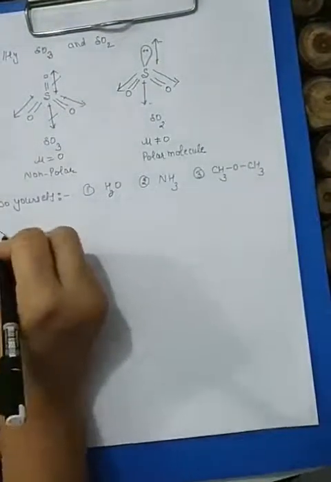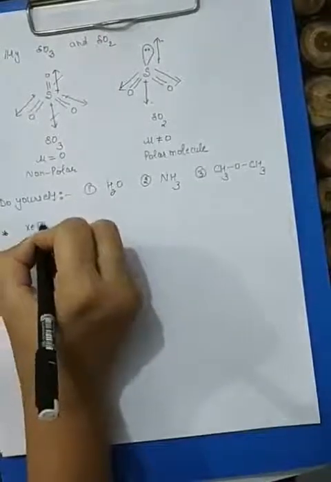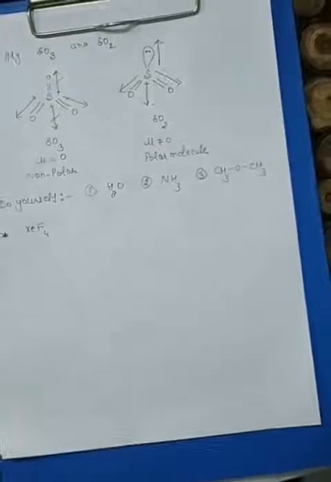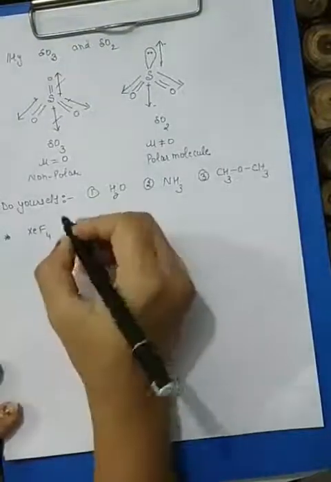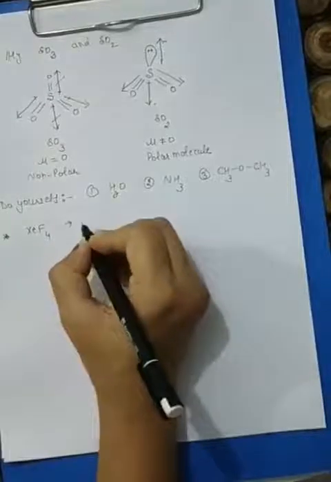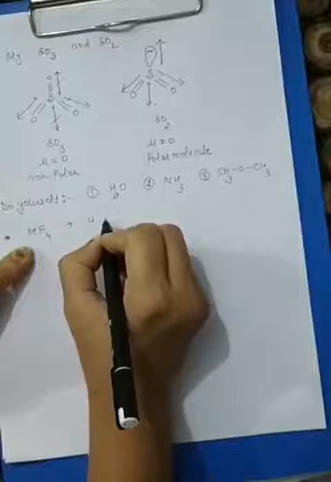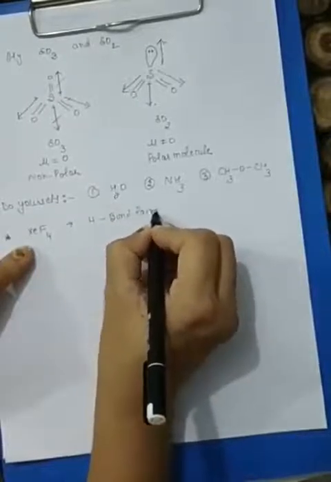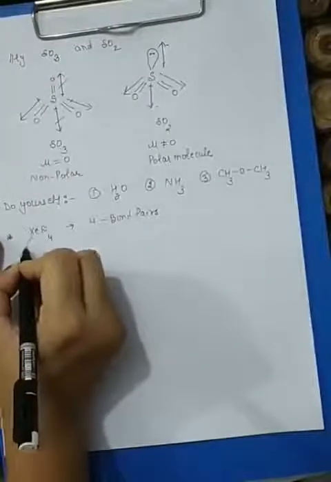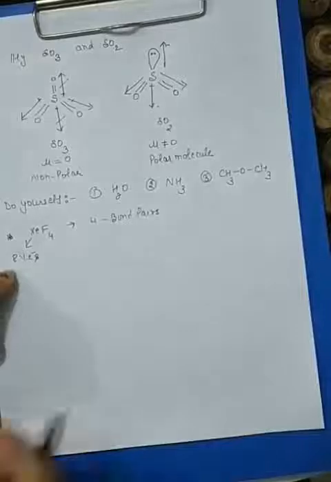Then some exceptions also occur. The first one is XeF4. Here, in this molecule 4 are the bond pairs. The total valence electrons of xenon are 8.